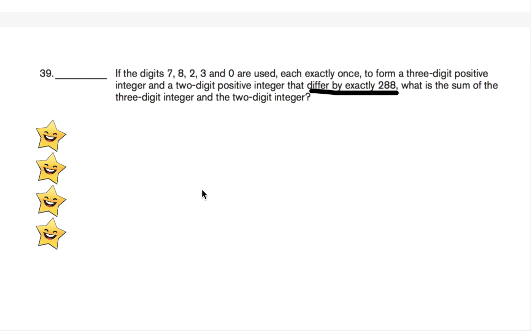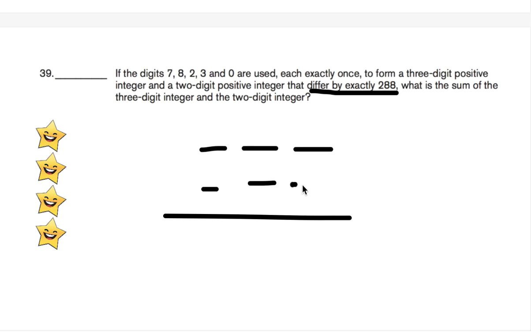So this is one where you're going to really just want to play around with it. So I know I have a 3-digit integer subtracting a 2-digit, and I end up with 288. And I have to use the digits 7, 8, 2, 3, and 0.